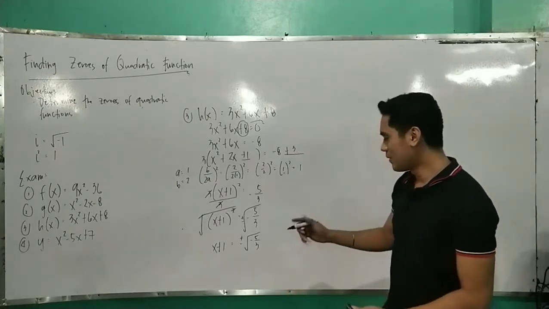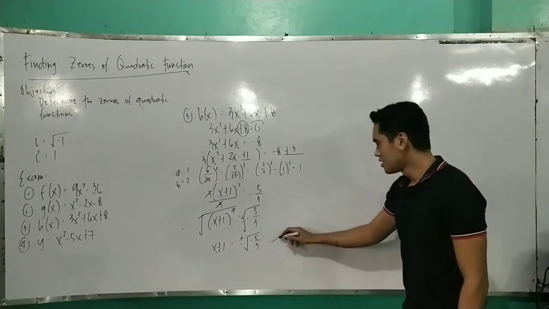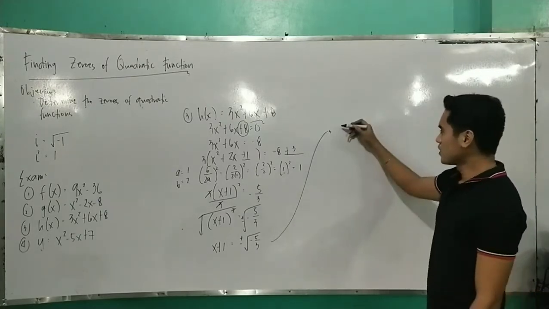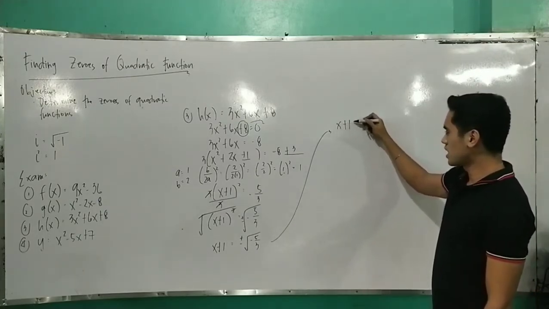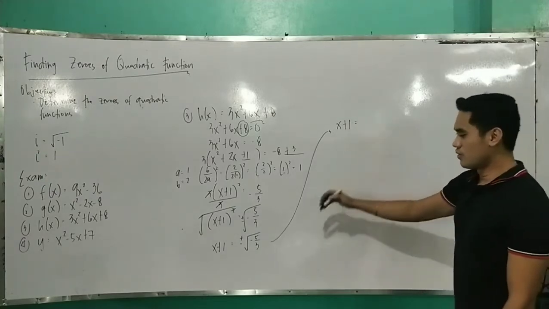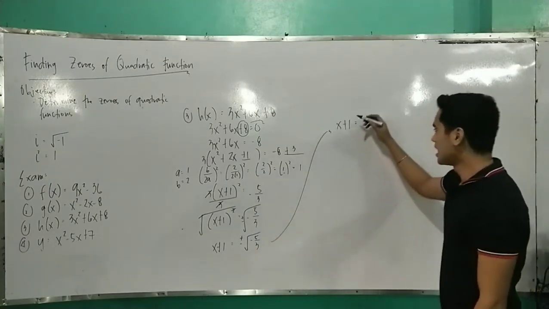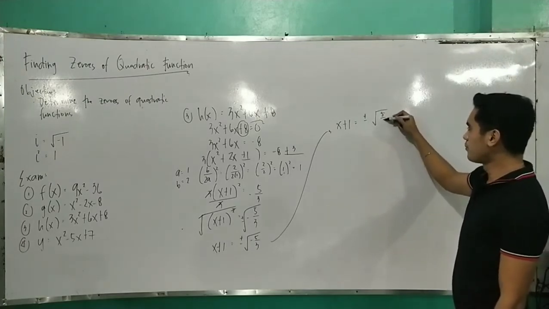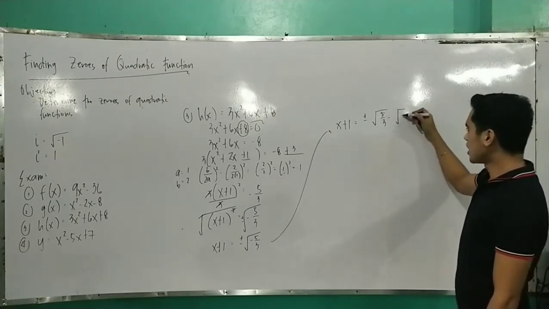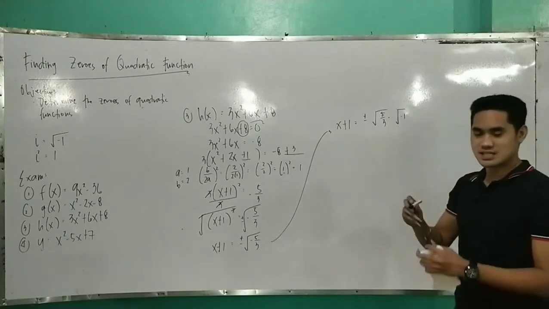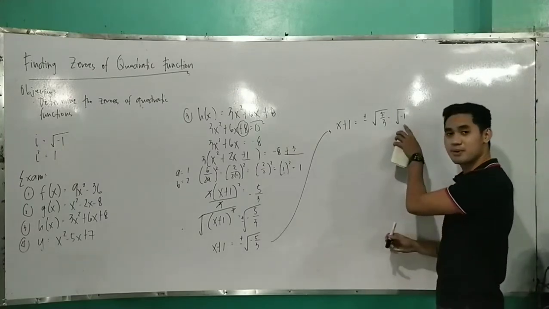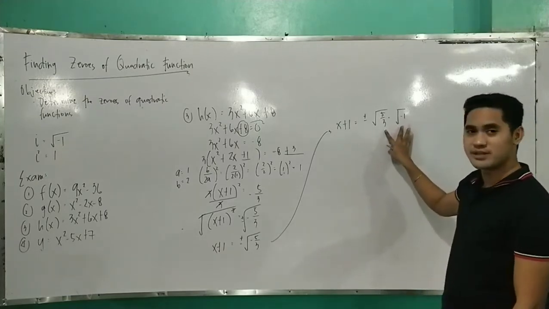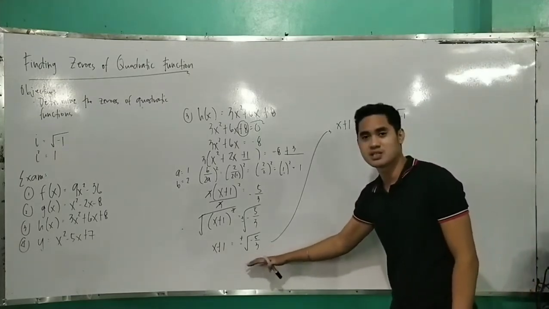Kung i-separate natin ito, meron tayong plus minus square root of 5 over 3 times square root of negative 1. Separate ko lang yung negative. Kahit i-multiply nyo sila, same pa rin yung lalabas sa sagot.